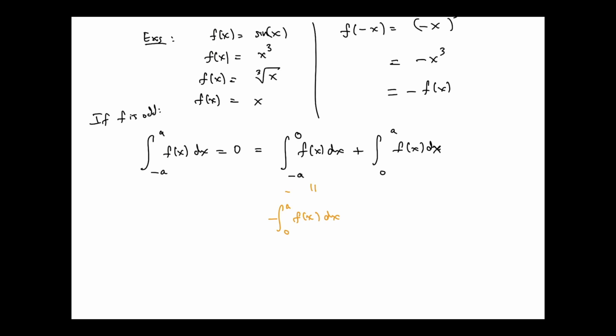If it's lopsided to the right or to the left, it's not automatically going to be 0. Unless you pick the world's least interesting function, namely f of x equals 0, but that's not a particularly interesting one.